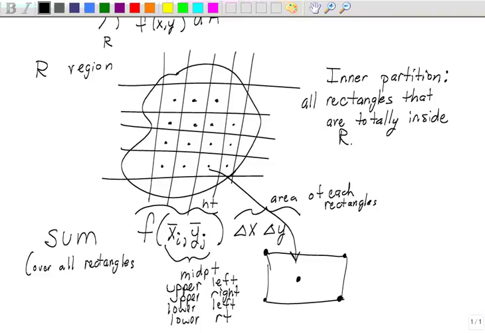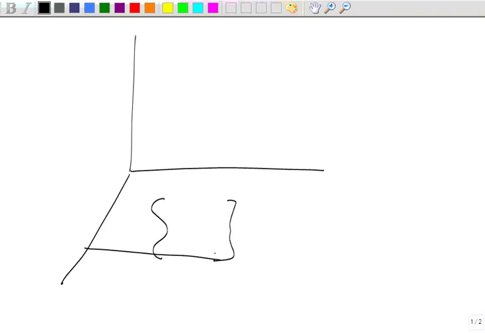Now, basically, that's it. In 3 dimensions, what this looks like. Okay, say I have a curve here and a curve here. And this is a, and this is b on the x-axis. This is y, and this is z. What we're going to do is take a slice right here, and this is the curve j, and this is the curve k.